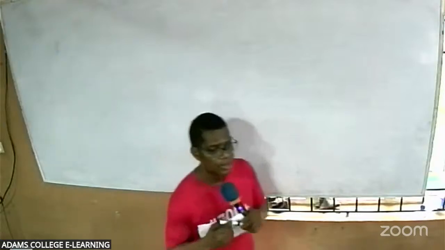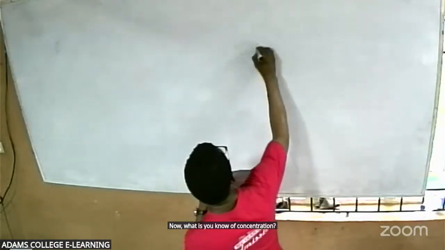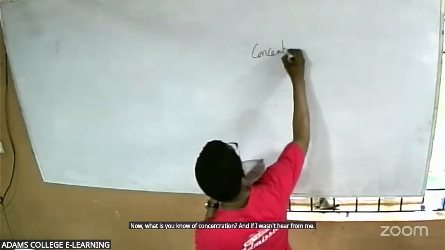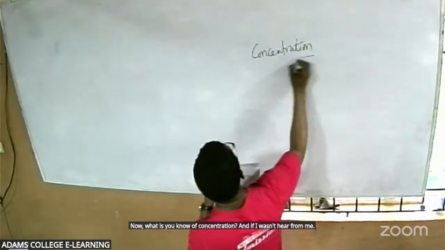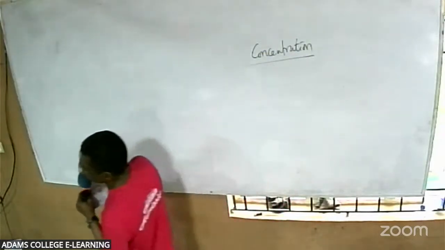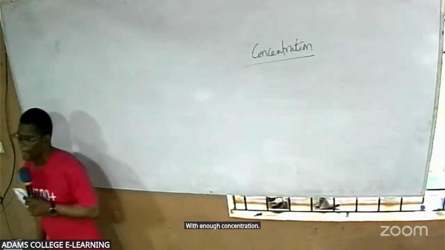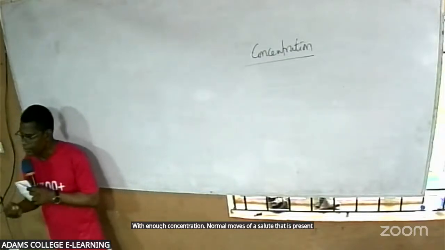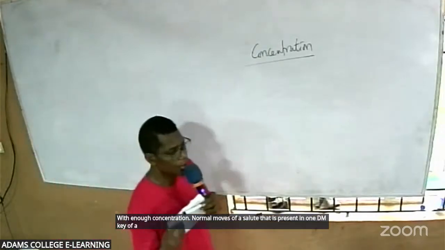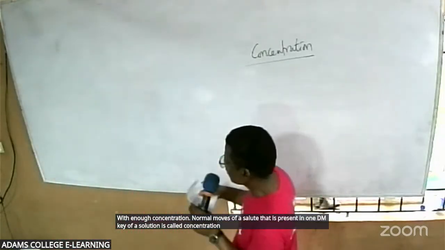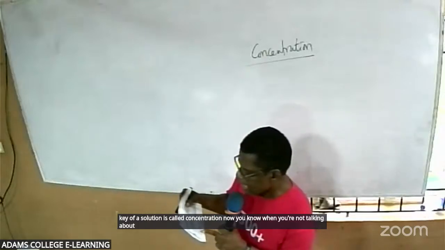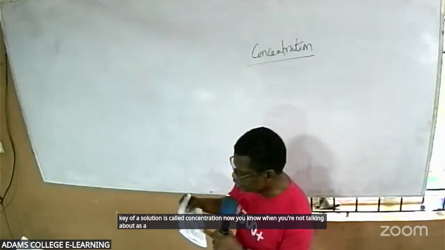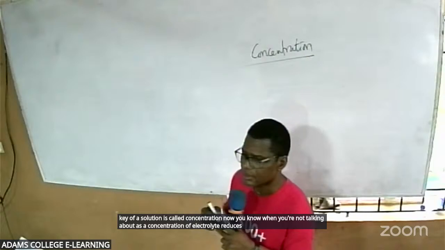Now, what is the meaning of concentration? Define concentration for me. The number of moles of a solute that is present in 1 dm³ of a solution is called concentration. Now, when you are talking about as the concentration of electrolyte reduces, what does that mean?